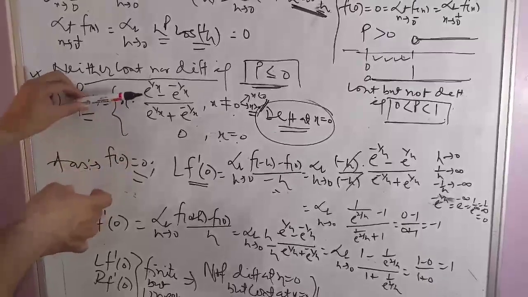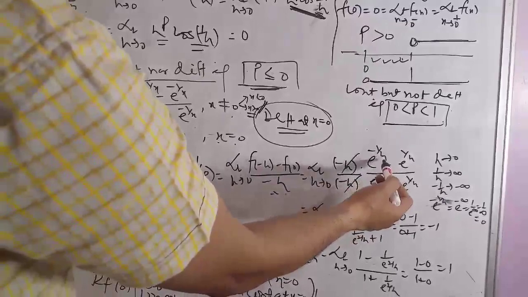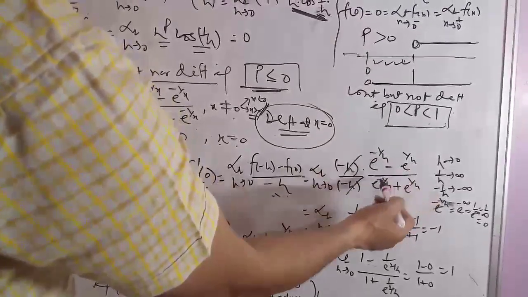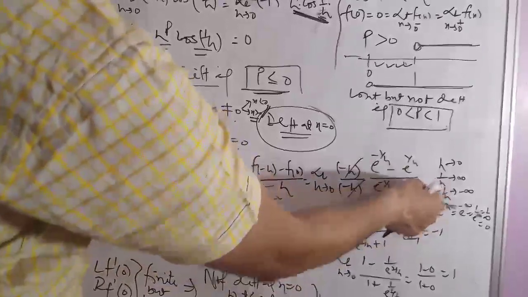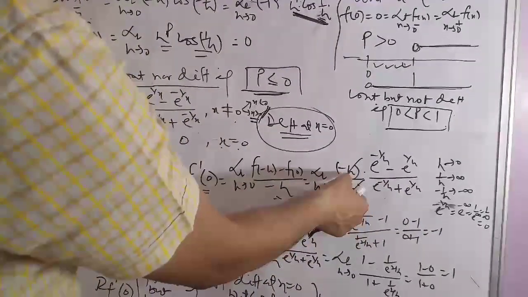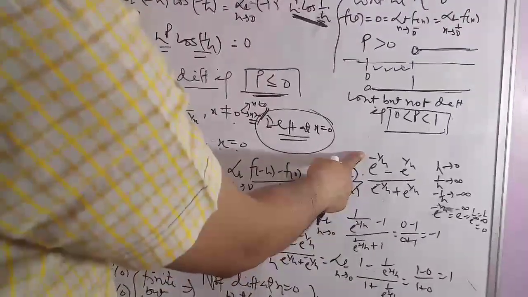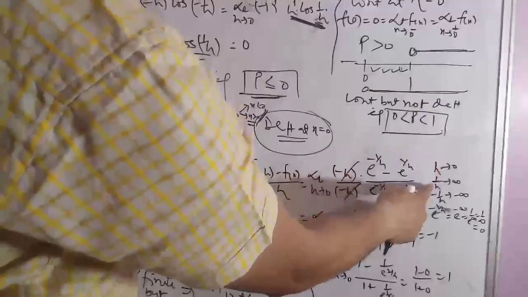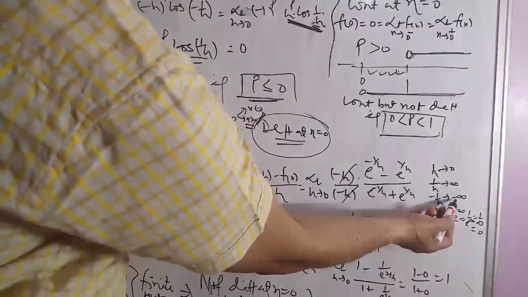So f(−h) from this definition is −h times (e^(−1/h) − e^(1/h)) upon (e^(−1/h) + e^(1/h)), minus 0, divided by −h. After cancelling −h and dividing by e^(1/h): as h tends to 0, 1/h tends to infinity and −1/h tends to minus infinity.